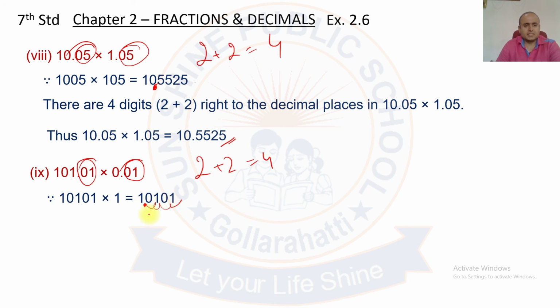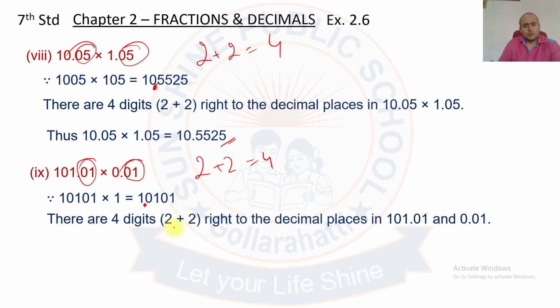So finally we got the answer as 1.0101. Therefore there are 4 digits, that is 2 plus 2, to the right of the decimal places in 101.01 and 0.01. Thus 101.01 into 0.01 is equal to 1.0101. This will be your answer.